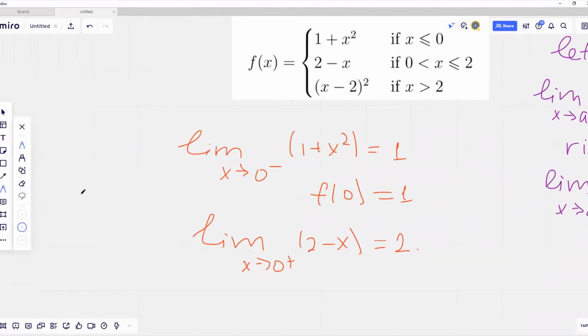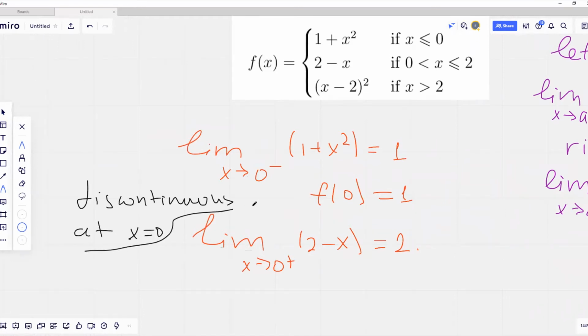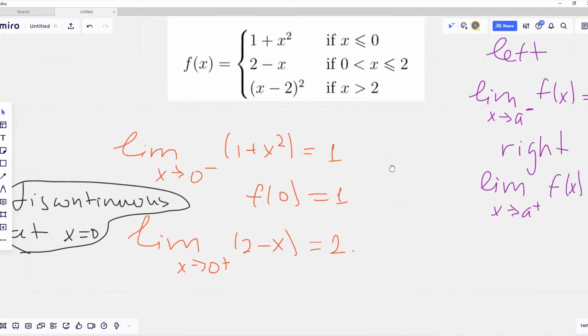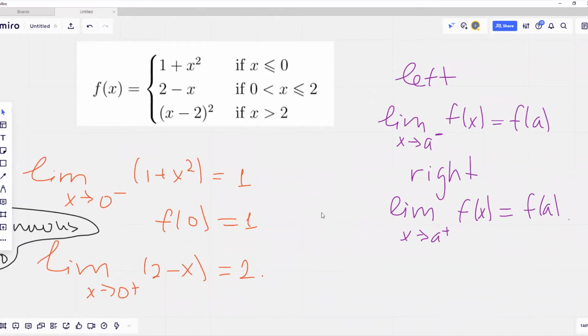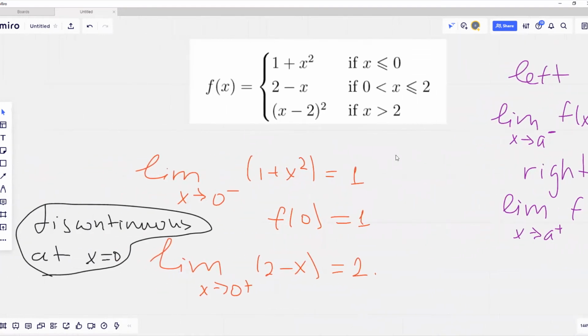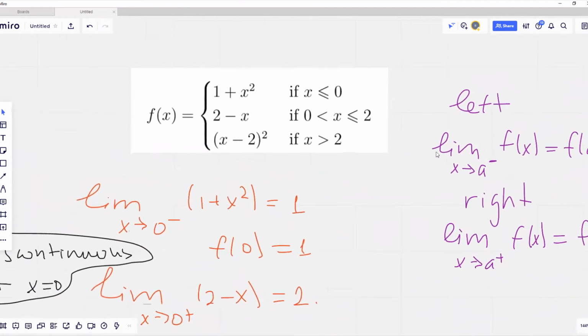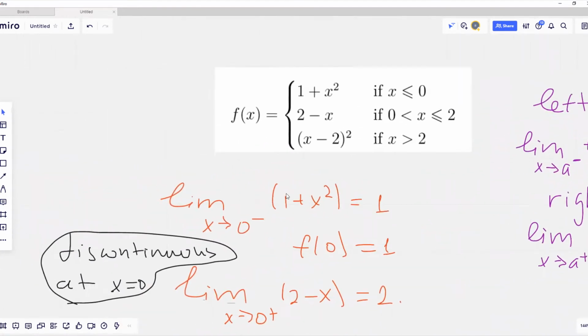So function is discontinuous at point x is equal to 0. However, since the limit as we approach point 0 from the left is equal to the value of function at that point, it means that it is continuous from the left at point 0.